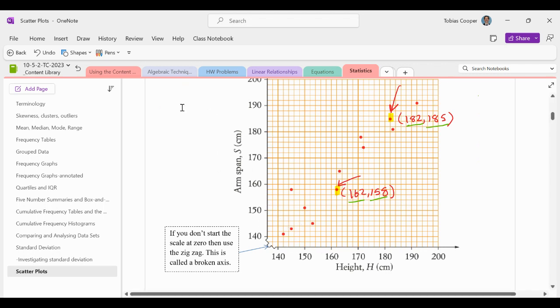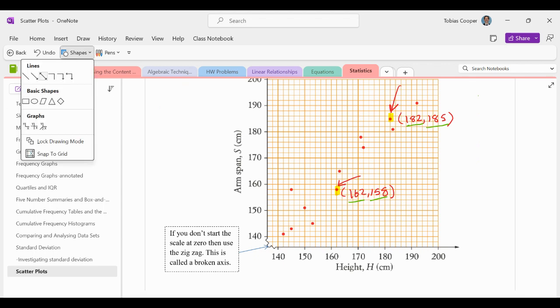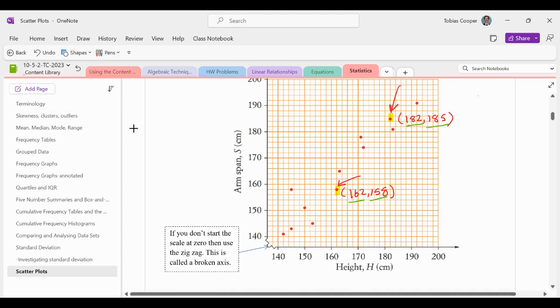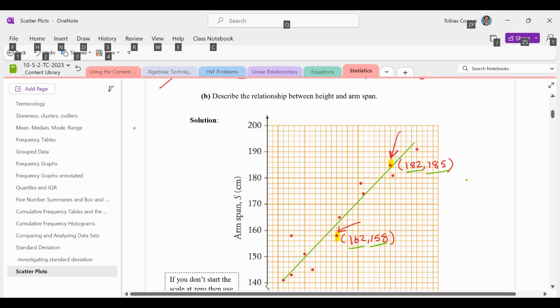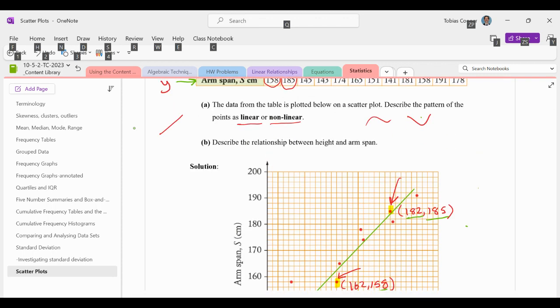We're not joining the dots, by the way, but if we draw a line starting from the first point so that roughly half the points are above and half are below, that's about right. Those points basically follow the path of the straight line, so we'd say the pattern of the points is linear.